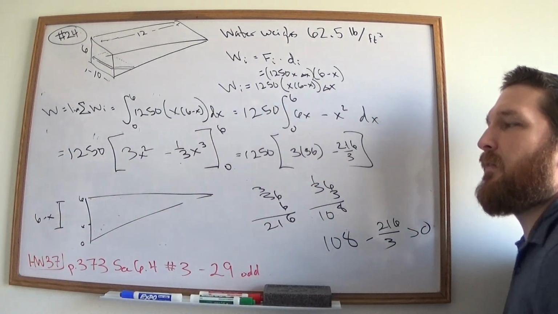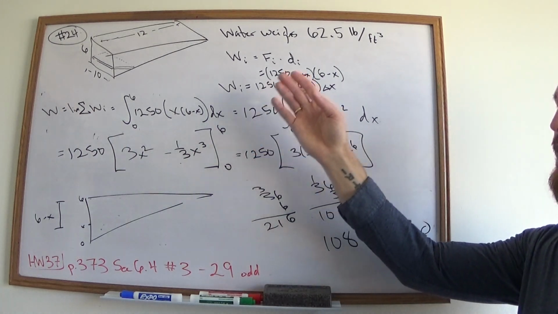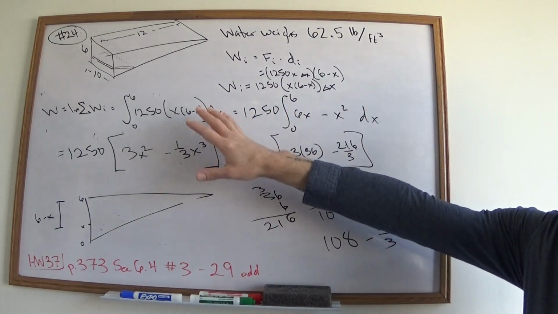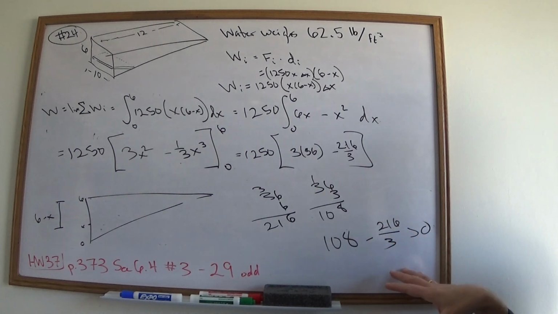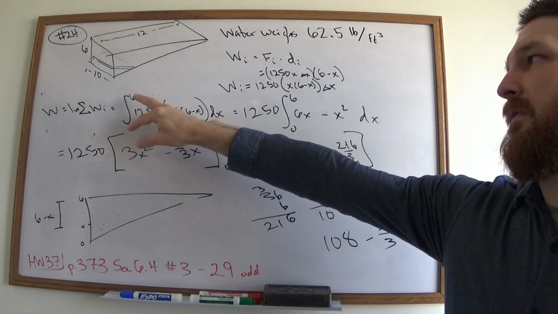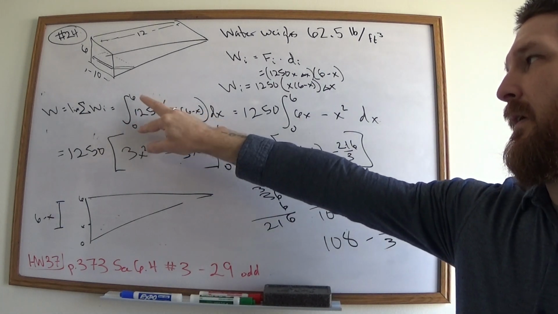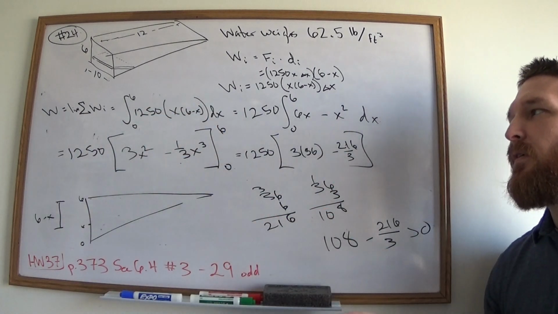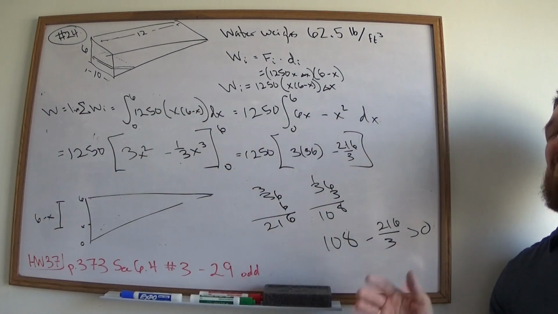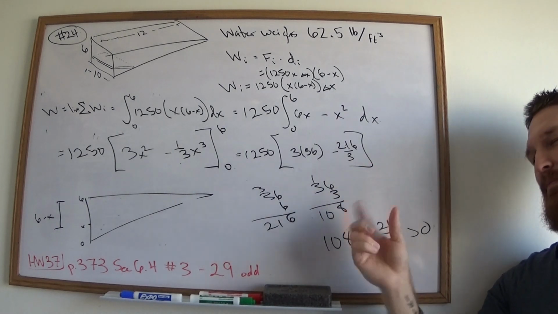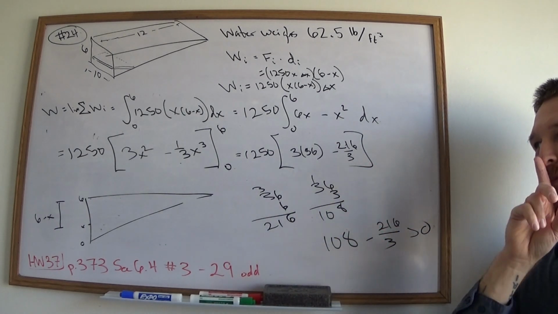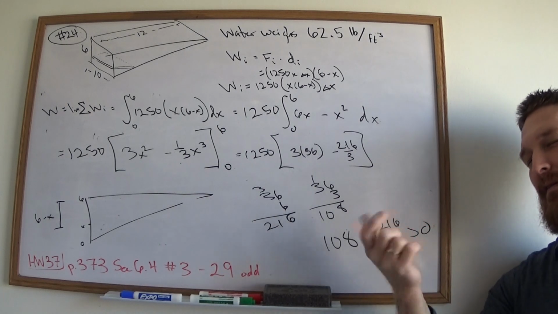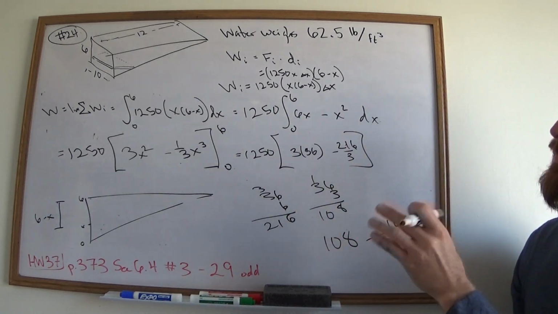I'm sure we did that the right way, so I feel confident about that. If I ended up with a negative number at the end, I'd say maybe I should have integrated the other way. If you look in the back of the book and it should have just been negative, I should have flipped that around. Although it would matter, because if you flip it, it becomes negative. But anyway.